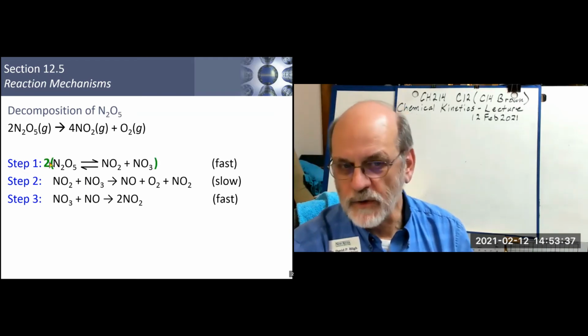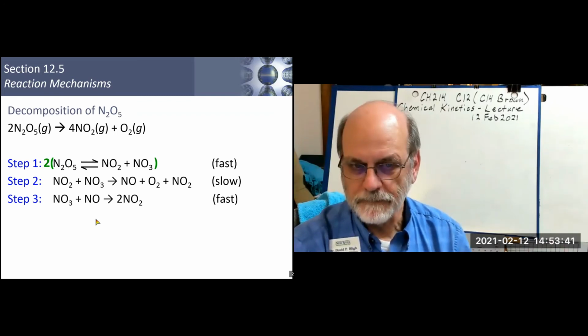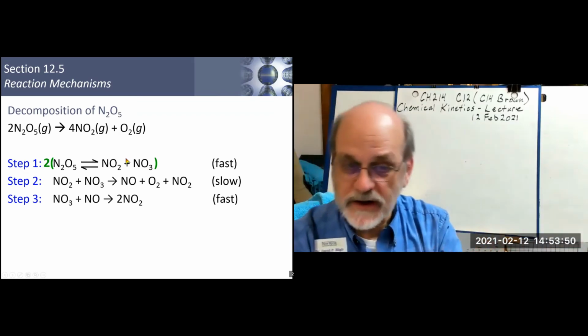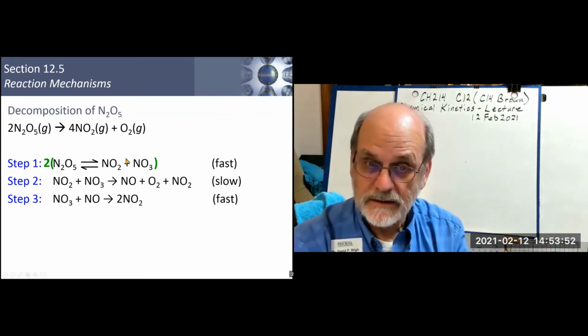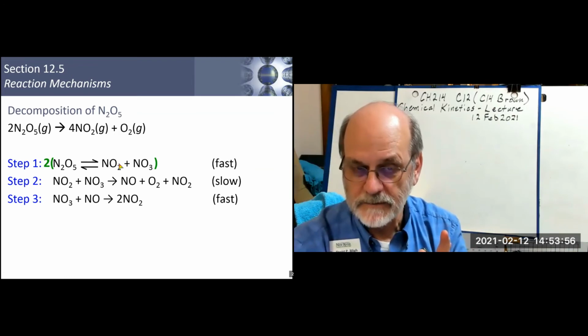Right? So if we multiply this one times 2, that gives us 2 N2O5s. We're good there. But that gives us 2 NO2s and 2 NO3s. Well, they're on the right-hand side. Are they going to cancel anything on the left-hand side? Because we can only end up with NO2 and oxygen on the product side.